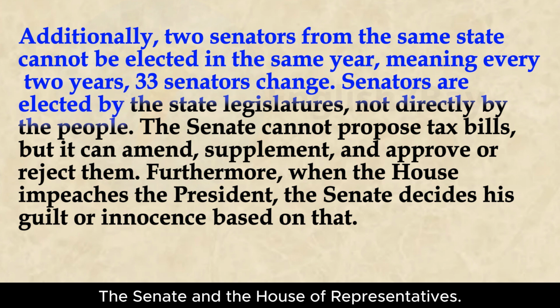Senators are elected by the state legislatures, not directly by the people. The Senate cannot propose tax bills, but it can amend, supplement, and approve or reject them. Furthermore, when the House impeaches the president, the Senate decides his guilt or innocence based on that.